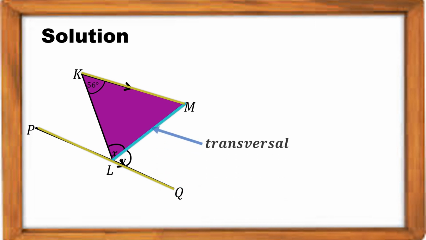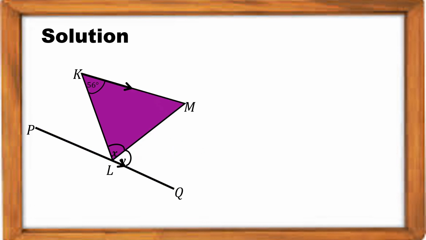So here, angle M is an alternate angle with angle Y, and we're going to write that down. We're writing y is equal to angle M, and the reason: alternate angles.